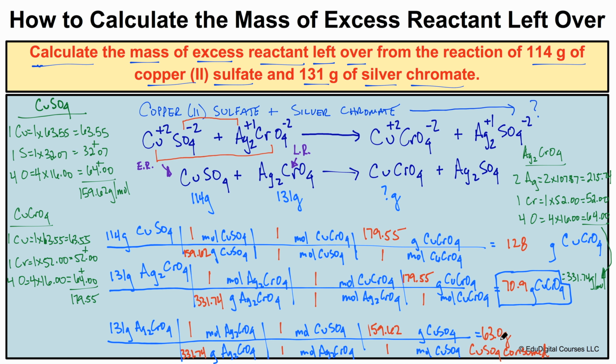So we just figured out the mass of the copper 2 sulfate that was consumed, but this question wants us to figure out the mass of the excess reactant, or this stuff, that was left over.